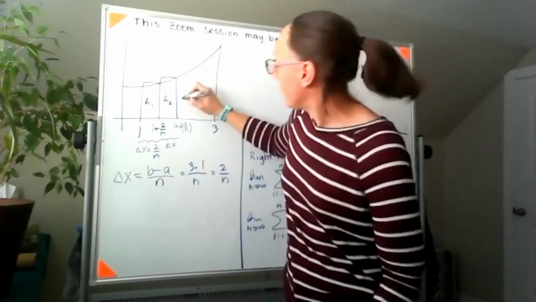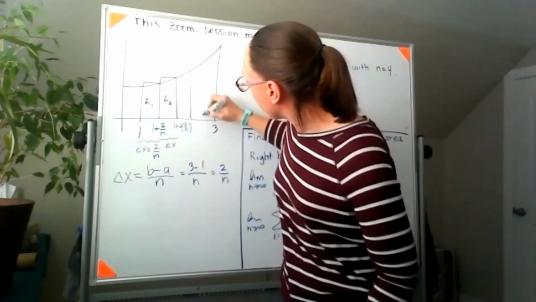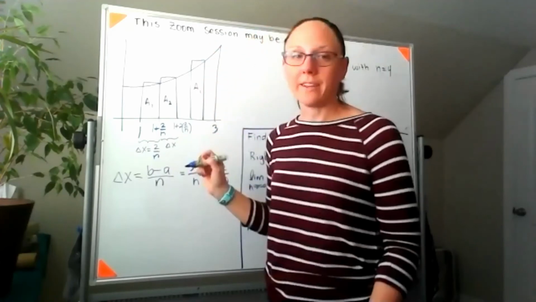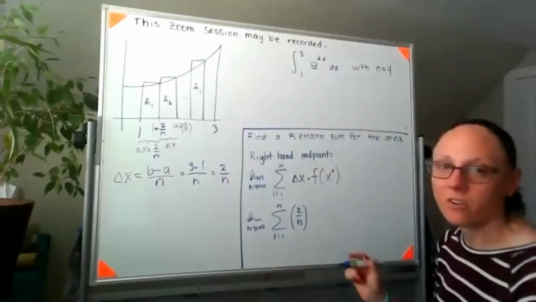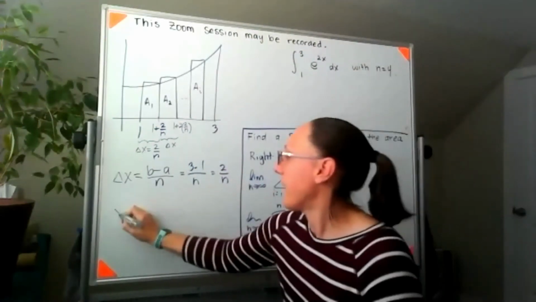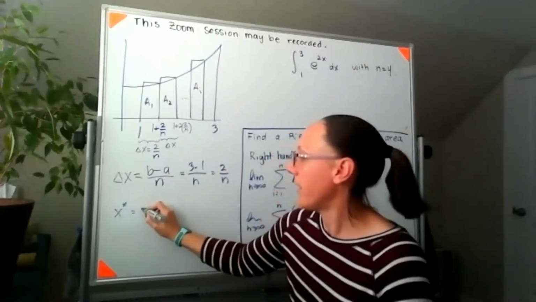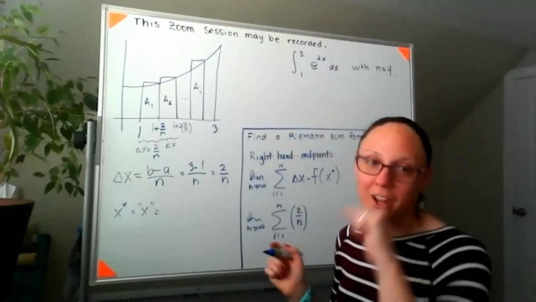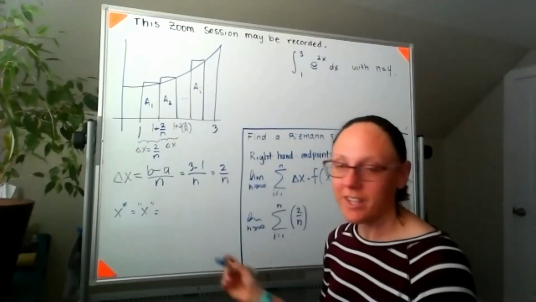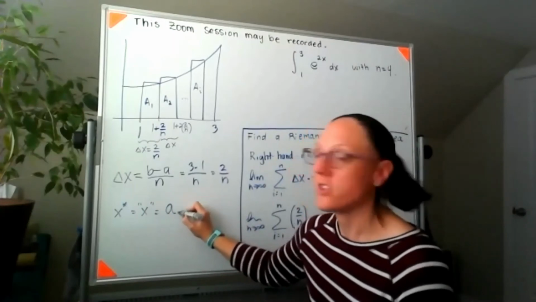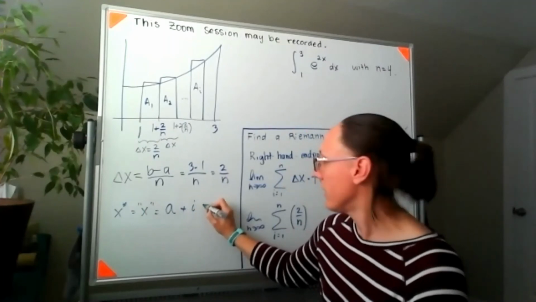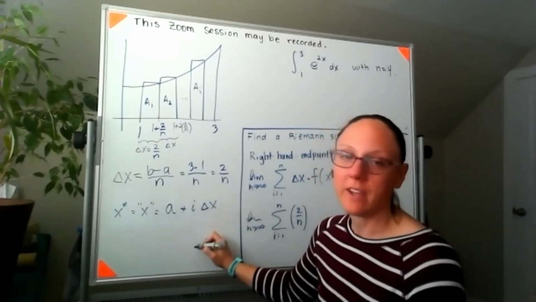And generically, when I get to my ith rectangle, that x star, or I like to just call it x, is going to equal our starting point plus i delta x.